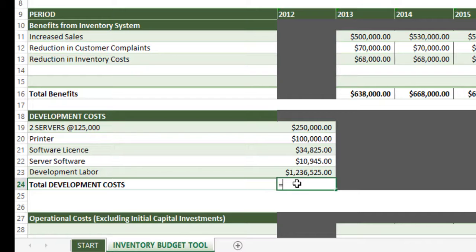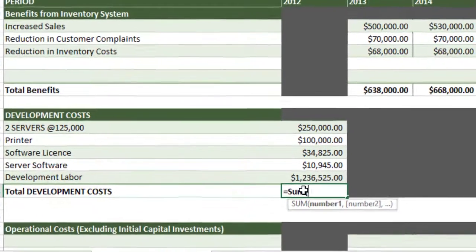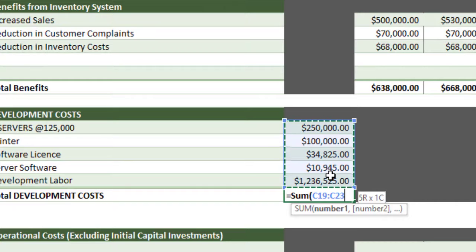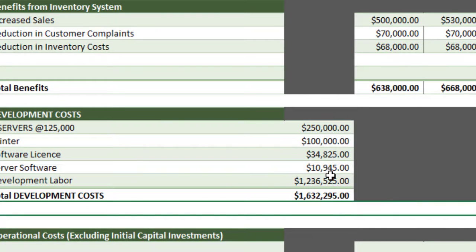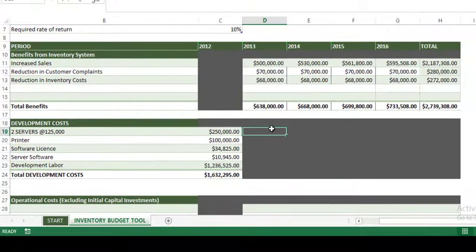So to compute, we sum that, and it's going to give us the total there. The rest of the years, of course, we are not going to have anything for that because the development costs are only happening in 2012. So the total here, I'll just put that.